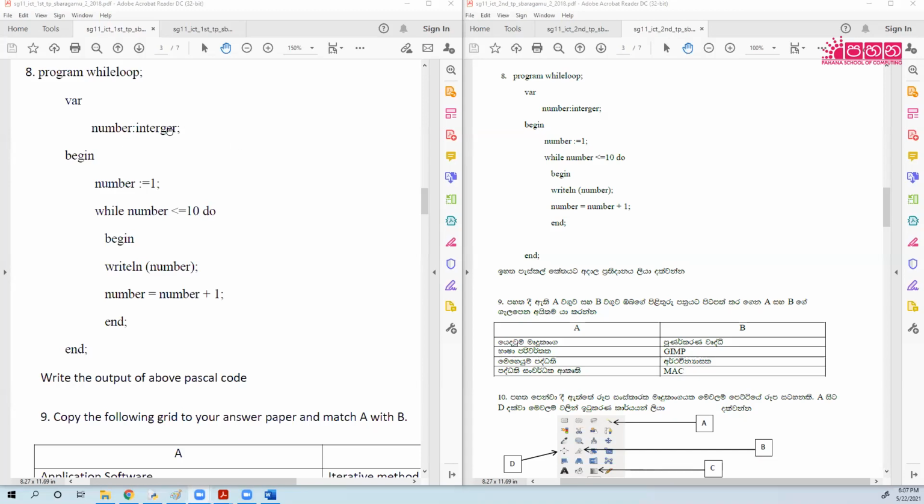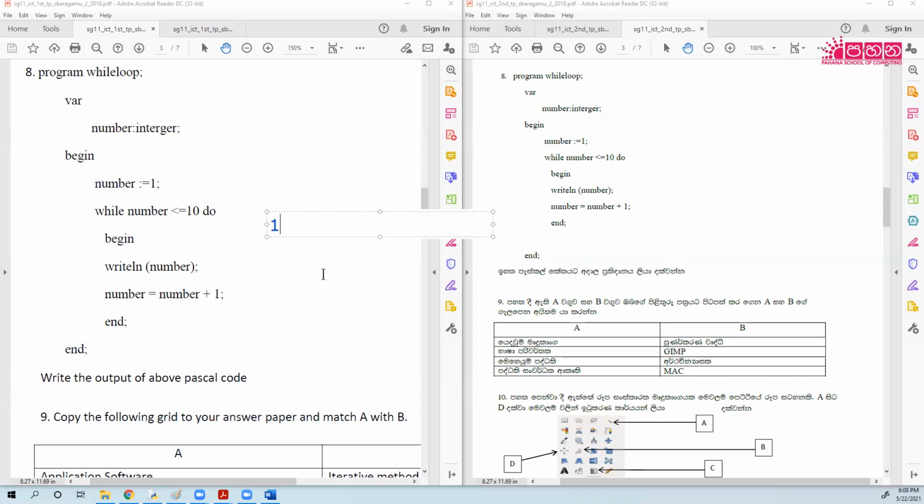In this one, we start with number equals 1. There's a for loop. We check whether the number is less than or equal to 10. Then you print the number. When you print the number, we know that it will print 1. Then it increases the number by 1, so the number becomes 2.